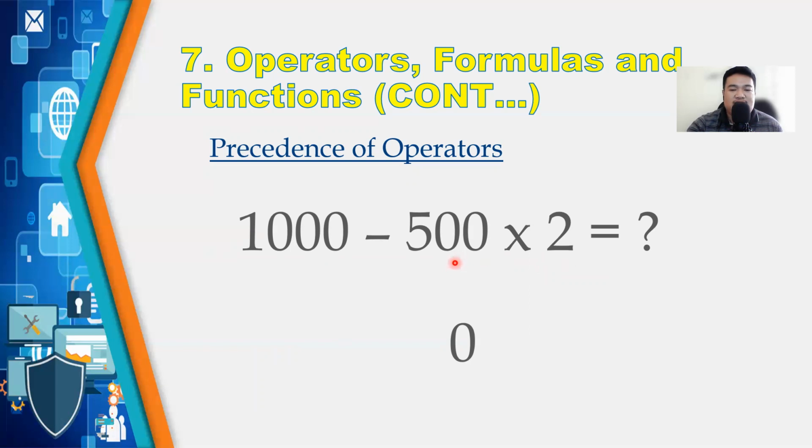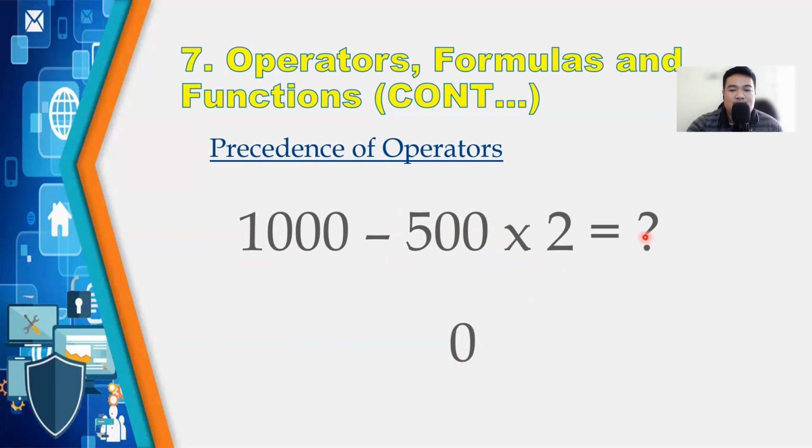So following that sequence of operators, the Excel would multiply first 500 by 2. So 500 times 2, that's 1,000. And then after that, it will subtract to 1,000. So 1,000 minus 1,000, that's 0.